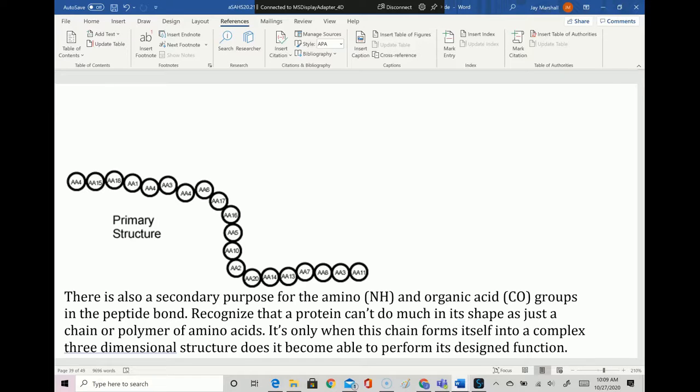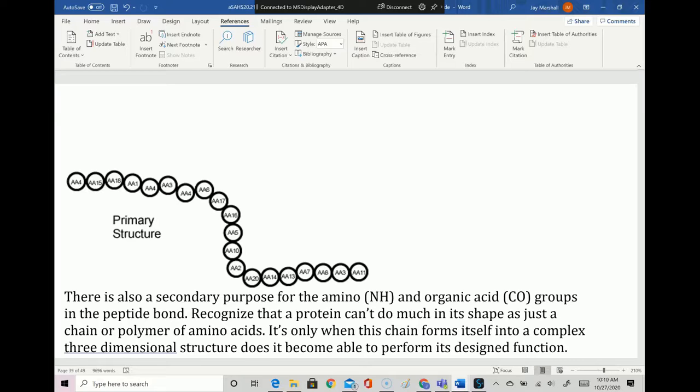Right now, it's just a chain. And there's amino acid 4, amino acid 15, amino acid 18, amino acid 1, amino acid 4. They all have names, but I didn't want to put the names in there. I'm just saying that this might be the sequence of a chain of amino acids. It's just a chain of amino acids.